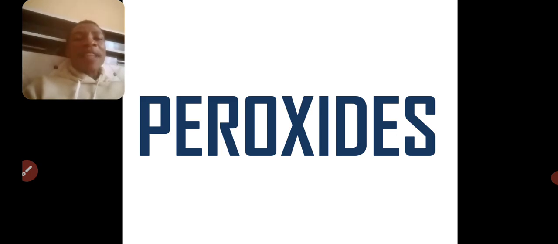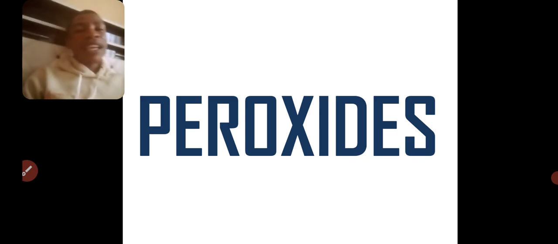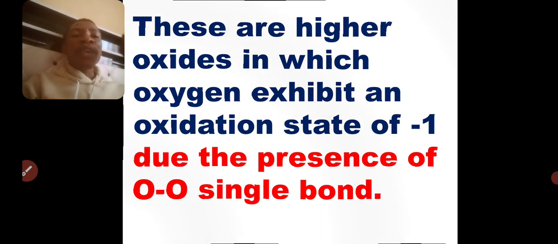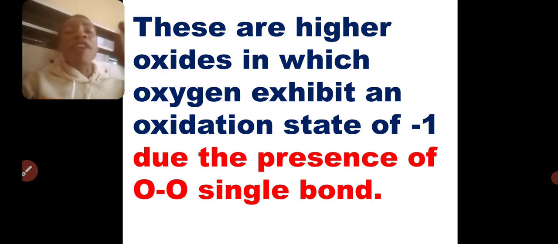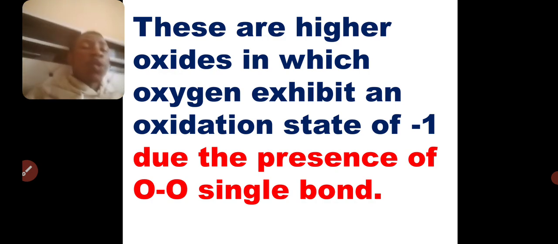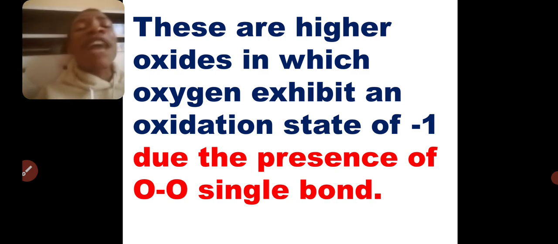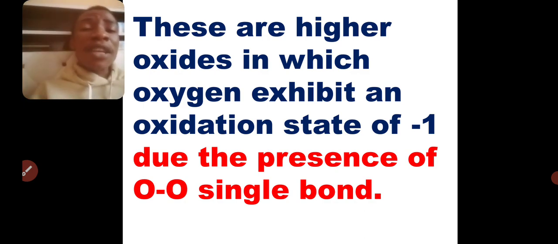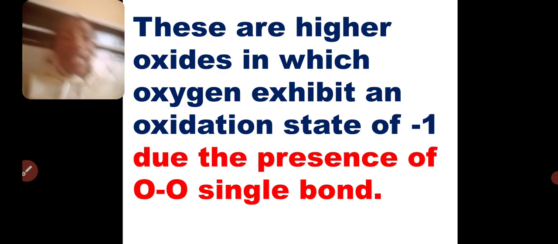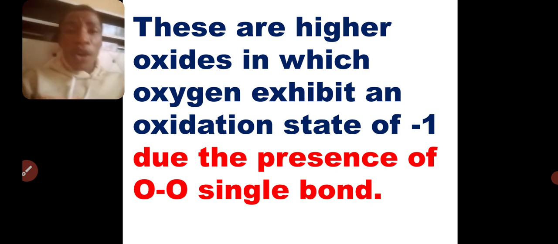Peroxides are actually not a major type of oxide, but they are higher oxides, in which oxygen exhibits an oxidation number of -1. So in peroxide, oxygen always has an oxidation number of -1, unlike -2 that it is supposed to have in every normal oxide.